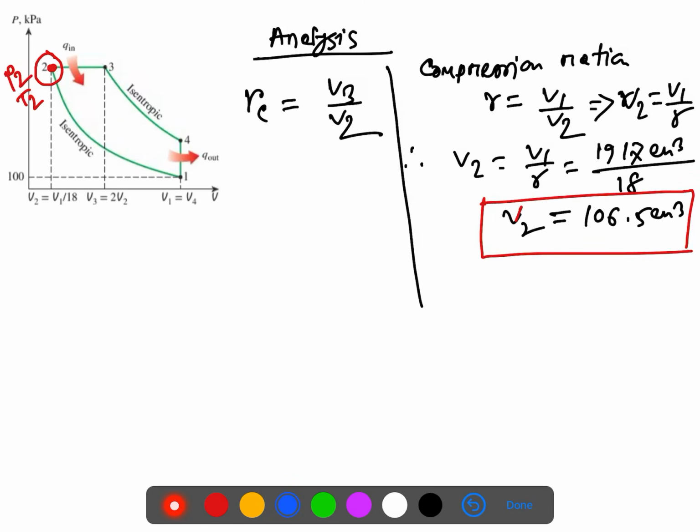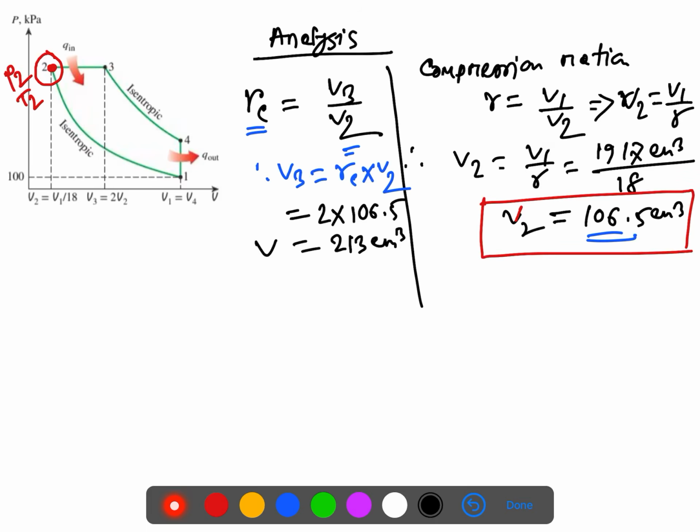Here we know RC, the cutoff ratio value, and V2 we just calculated. So we can write V3 equals RC times V2. The cutoff ratio is 2, and V2 is 106.5, so it will be 213 centimeter cube. This is V3. So we got V2 and V3. Now we will calculate V4.